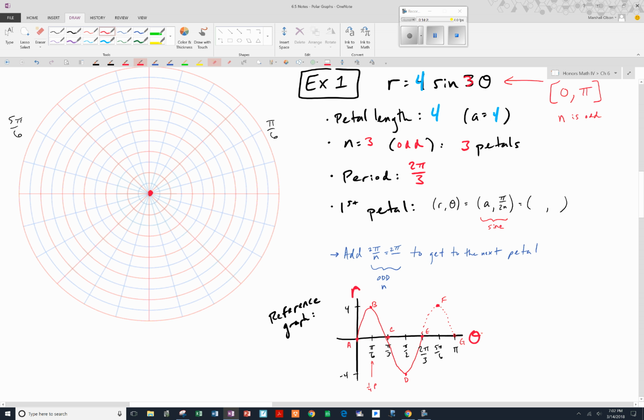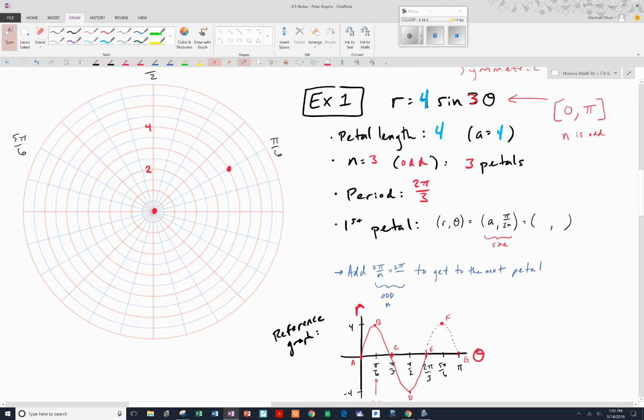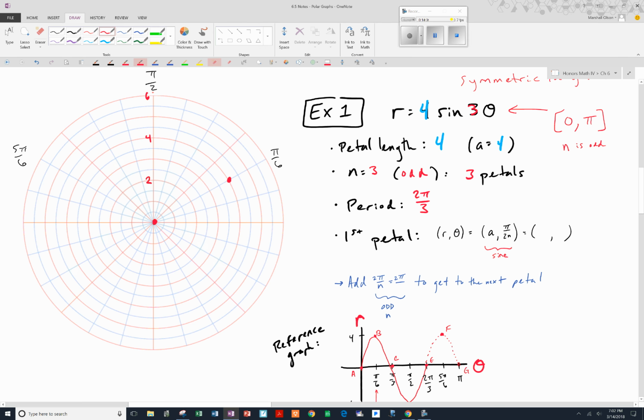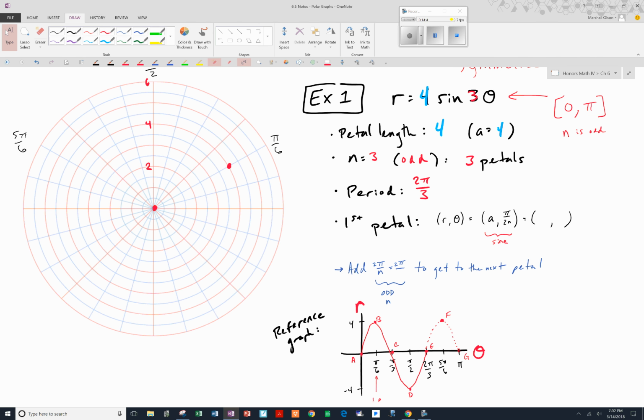Our r value at B is going to be 4. So that's going to be right here. Where's pi over 6? 1, 2, 3, 4 is right there. We're just going to label these 2, 4, and then this is 6 up here. So I'm just treating those red circles as if they are a radius of 1. Okay, so that's our point B right here.